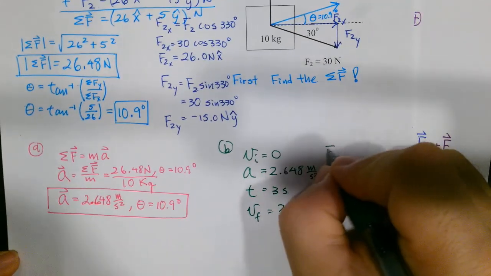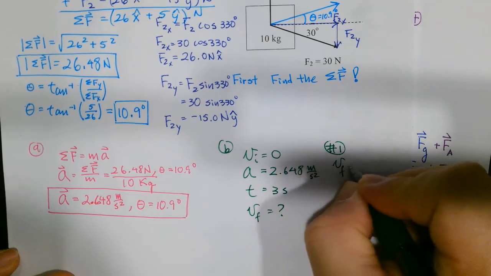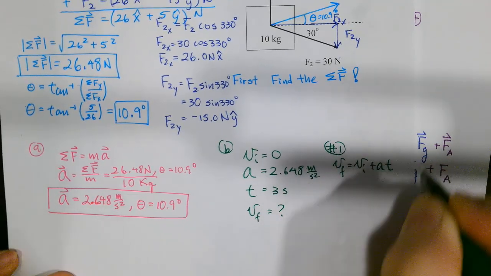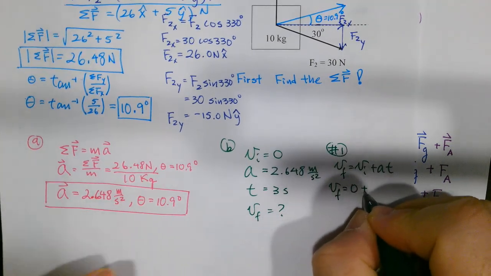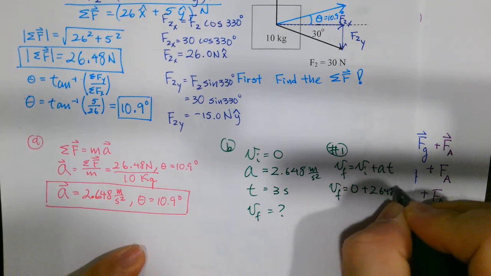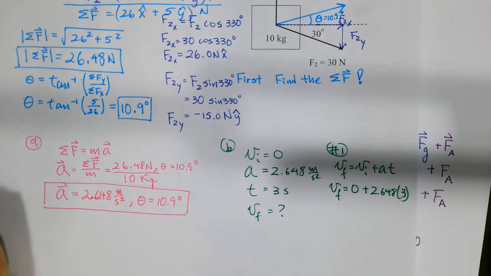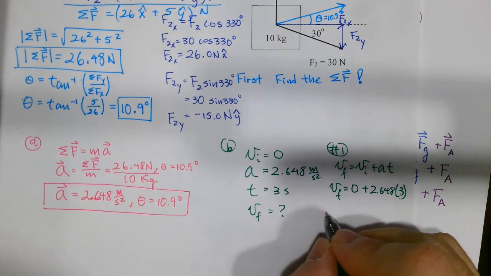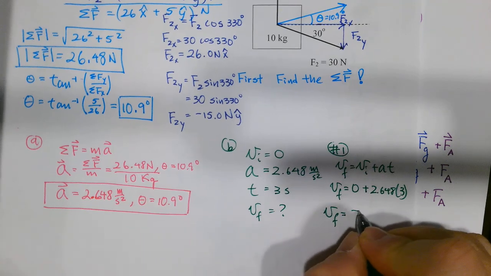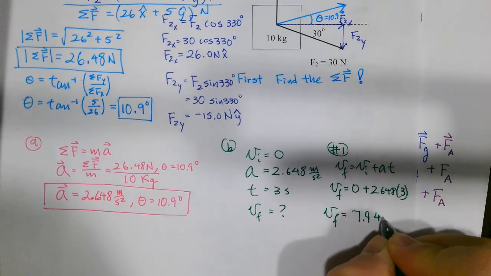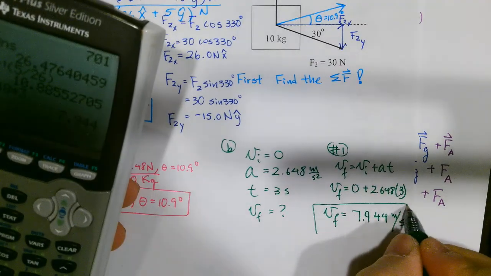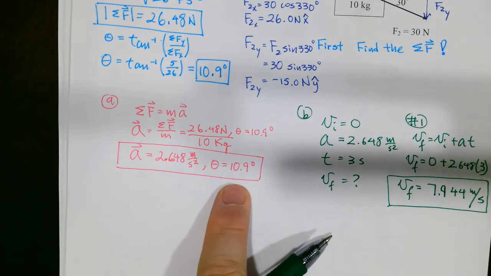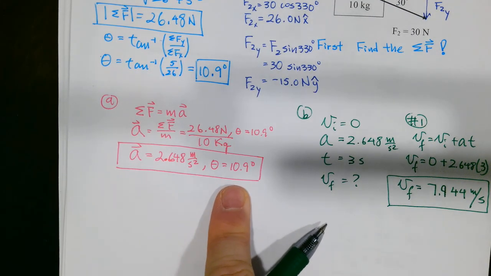That's equation 1, which is VF is equal to VI plus AT. So VF is equal to 0 plus 2.648 times 3, and I get VF is equal to 7.944 meters per second as the speed. And it will be going in that direction. But since they only ask how fast it's moving, that's all we need.